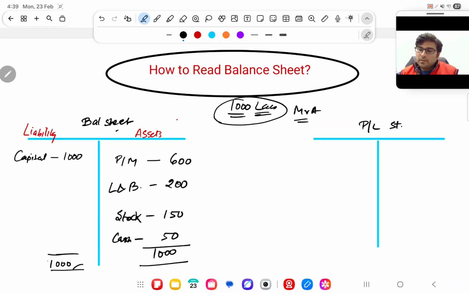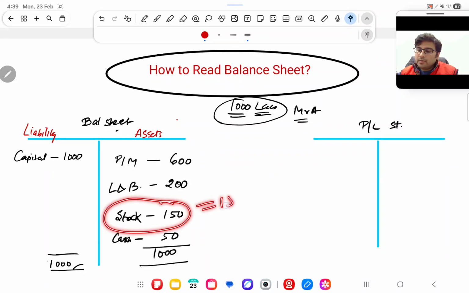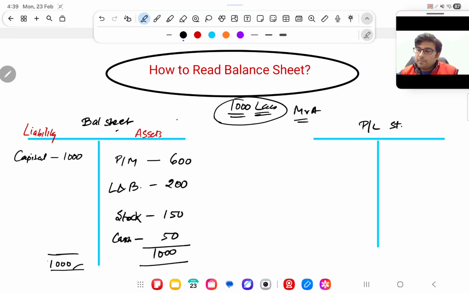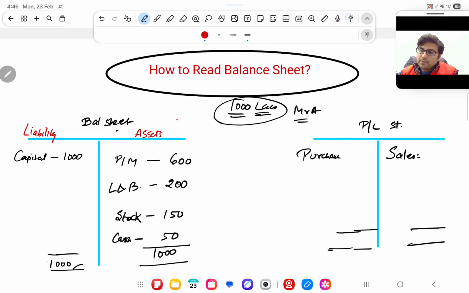Now, since that company is into the business of trading or manufacturing, whatever, so what he'll do, he has purchased goods worth rupees 150. Whether he is going to keep it with him? No. He'll process it, he'll sell it. So let us assume, let's say the company has sold the entire stock of 150.